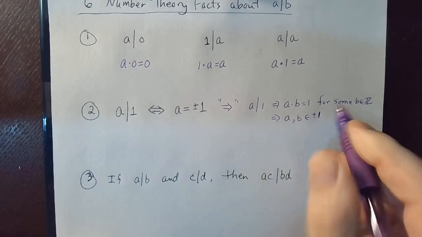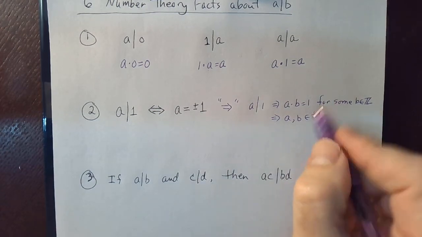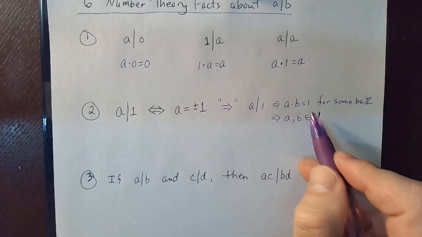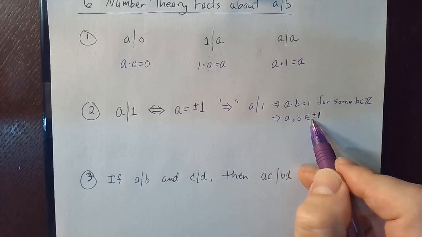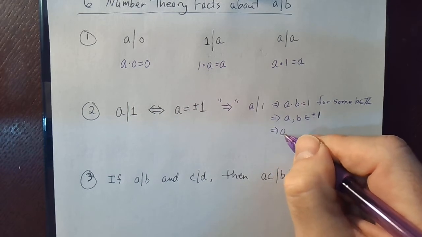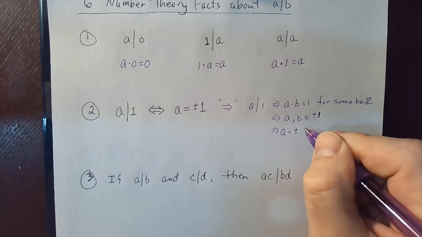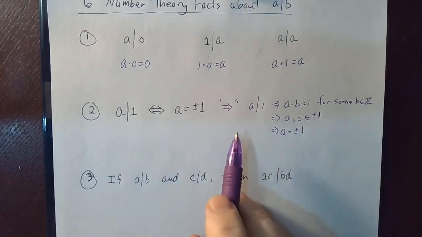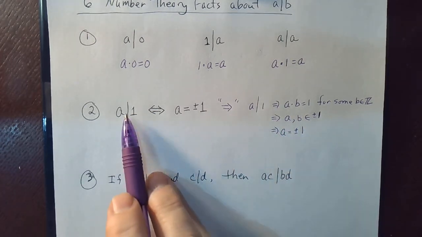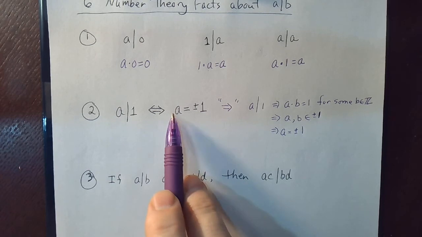The way I'm writing this might be ambiguous. They both have to be the same. They are either both equal to 1 or they're both equal to negative 1. But in either case, a is equal to plus or minus 1. So that's the end of this direction for the proof. We proved if this is true, then that's true.